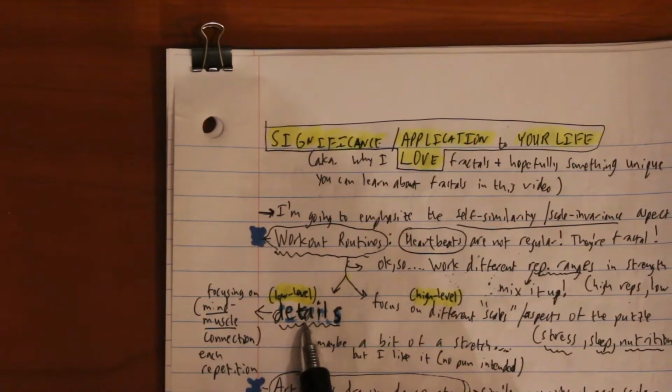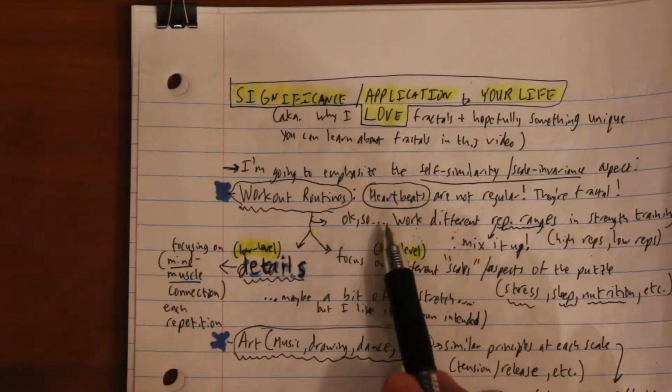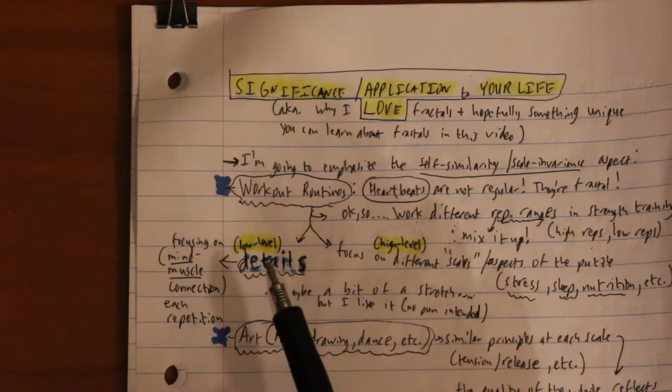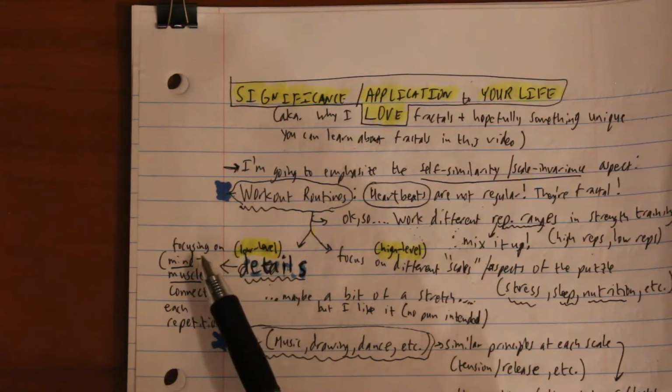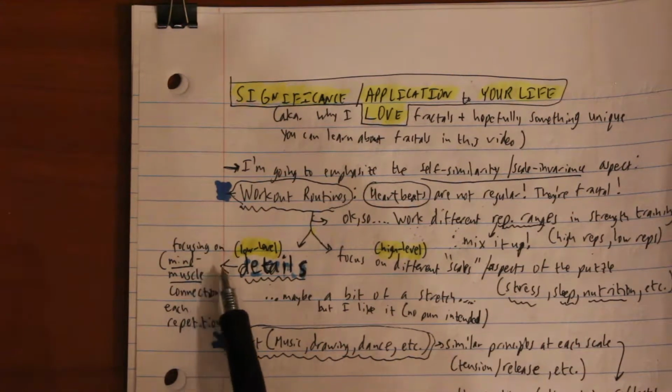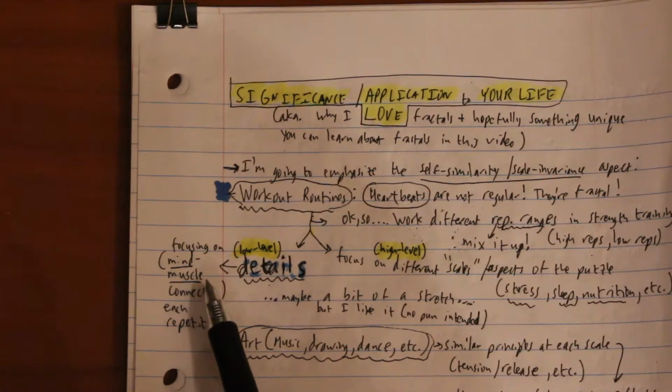Then there's the detailed angle. So we talked about the high level, and on the low level, the medium level would be your actual routine. Low level wise, maybe when you're doing your routine, you're kind of zoned out. You're not really focused. For those of you that are really into fitness, maybe you've heard of this concept of mind-muscle connection. That just means that each repetition, you're focusing on feeling that muscle contract.